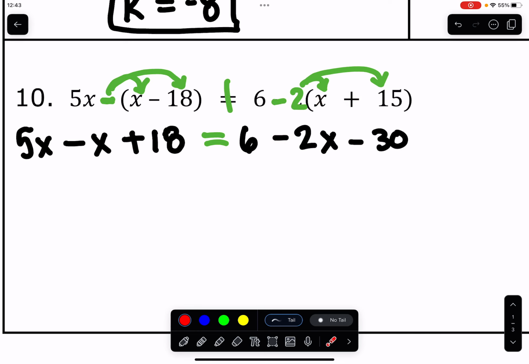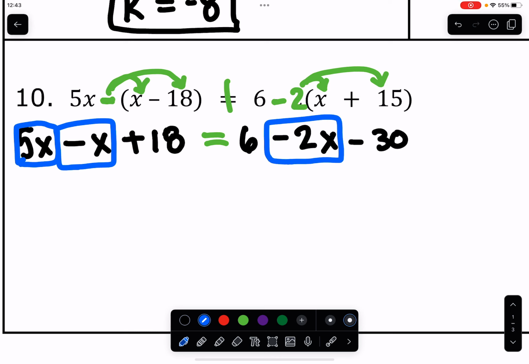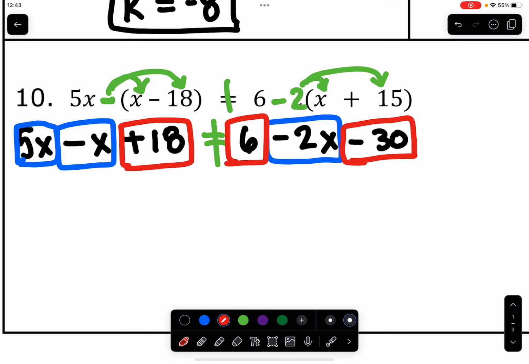So now that I have that, again, look at where my equal sign is. I want to do the same thing as before. I want all my variables, let me highlight them all in blue, to be on the left side of that equal sign, of that green line there. And I want all my constants, everything that I'm boxing in red, to be on the right side.